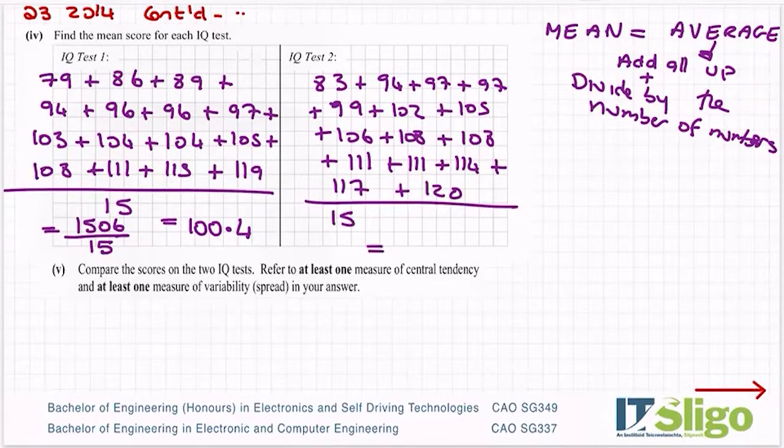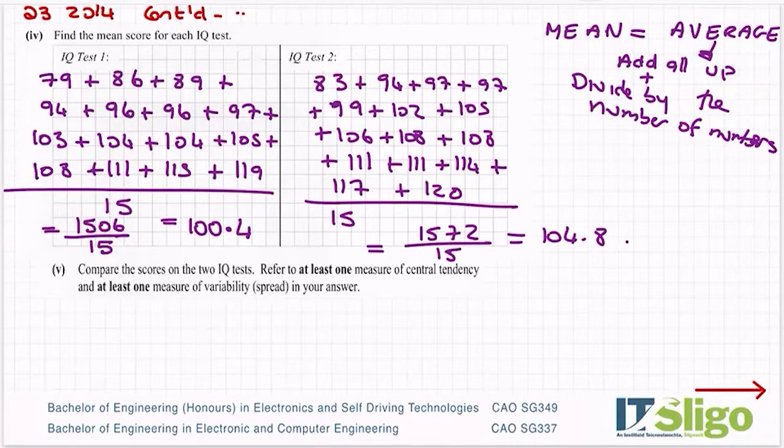Okay, so when you do that and you add them up, you'll get 1572, and again it's over 15 and you get 104.8. Okay, so I hope that makes sense. You may have to do that twice to avoid making a mistake, because you can see how easy it is to put one of those numbers in the calculator incorrectly.